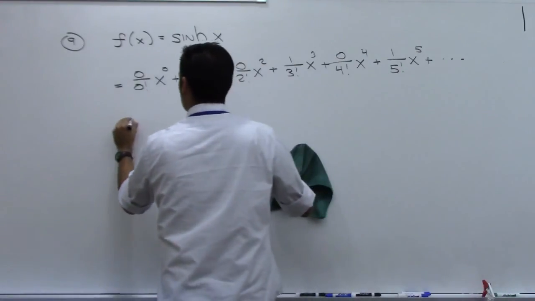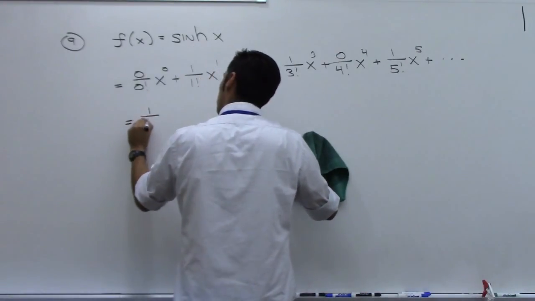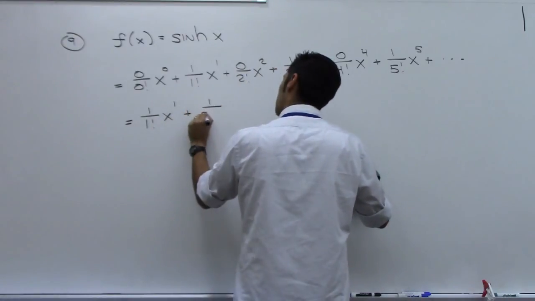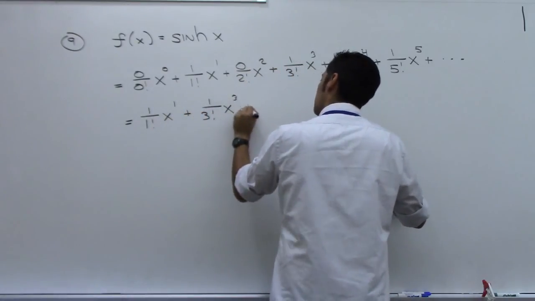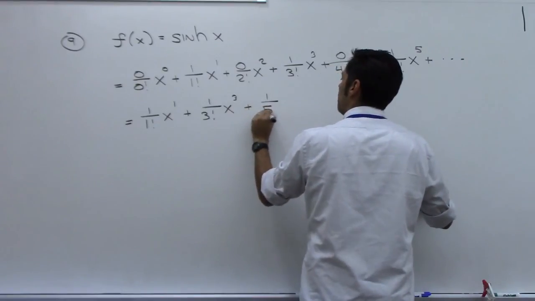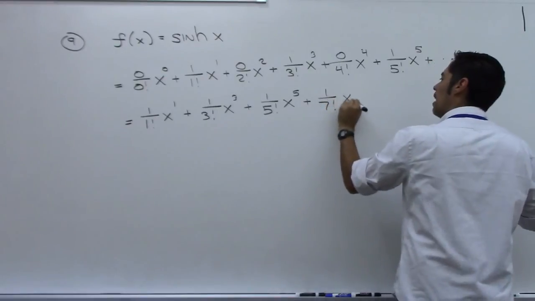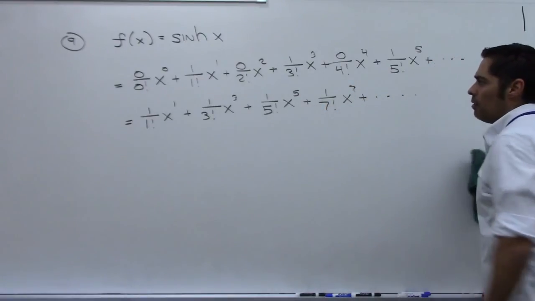Get rid of all the 0 terms. So you get 1 over 1 factorial x to the first plus 1 over 3 factorial x cubed plus 1 over 5 factorial x to the fifth plus 1 over 7 factorial x to the seventh, and you keep going.